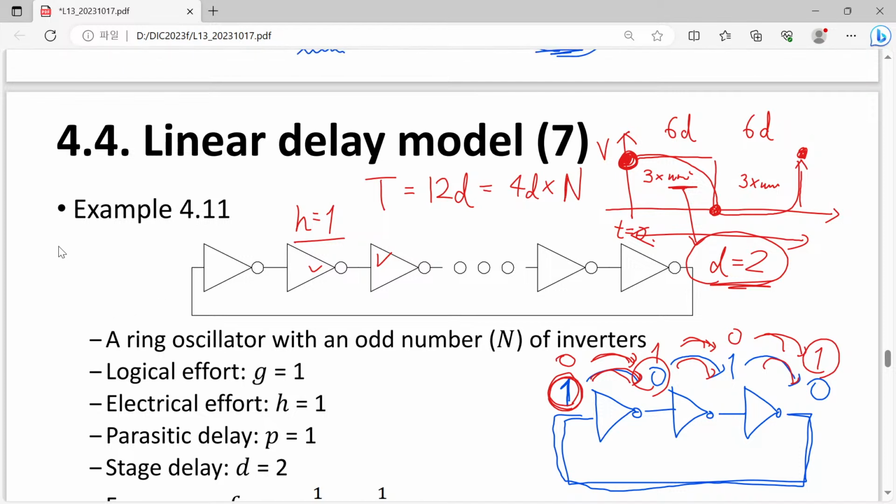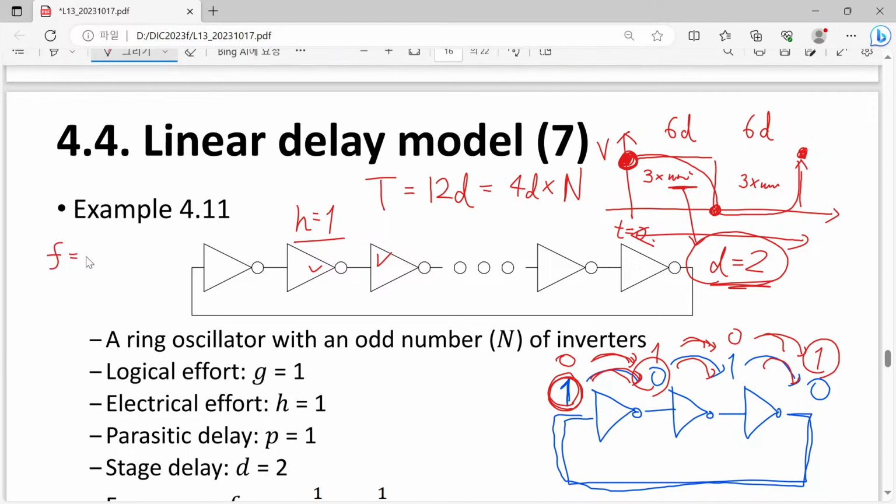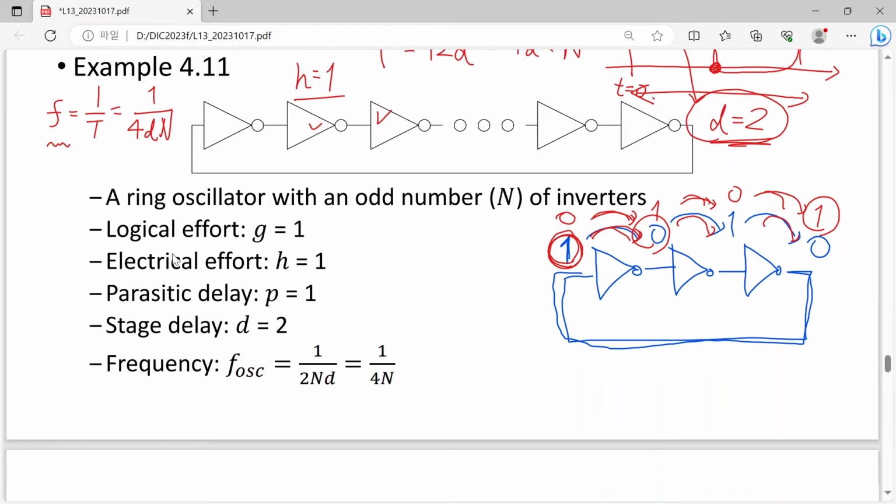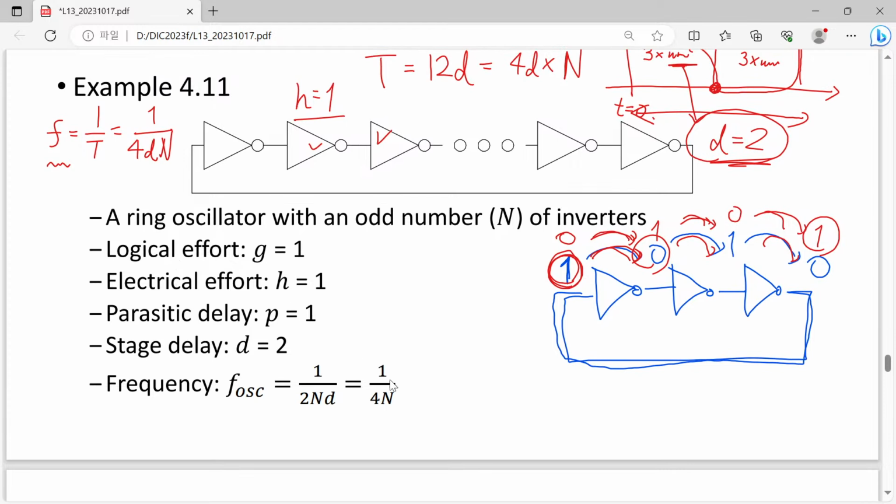If you take the inverse of this period, this corresponds to the oscillating frequency of your ring oscillator. So it will be just one over 4dn. Oh, sorry about that. I just omitted this. That will be the answer for example 4.10.